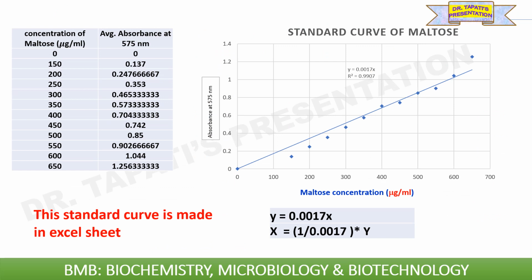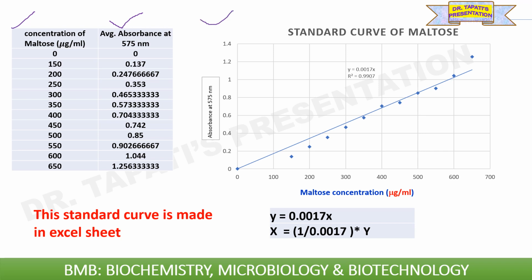Then we have to plot concentration of maltose versus average absorbance at 575 nanometer. This is the graph of the standard curve of maltose.